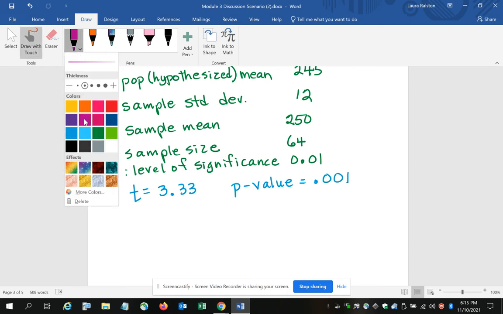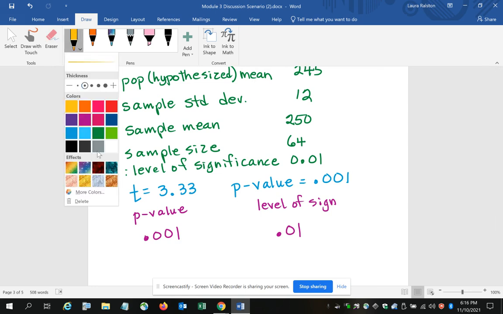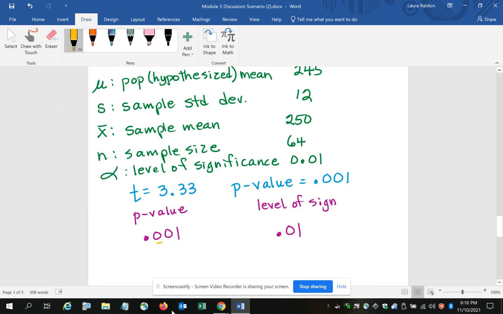Then I need to compare that p-value that I just got from Minitab of 0.001 to the level of significance that I was given in the problem, which was 0.01. Again, if I compare that digit for digit, the first digit after the decimal, 0 compared to 0, no difference. 0 compared to 1, 0 is less than 1, so the p-value is less than or equal to the level of significance.